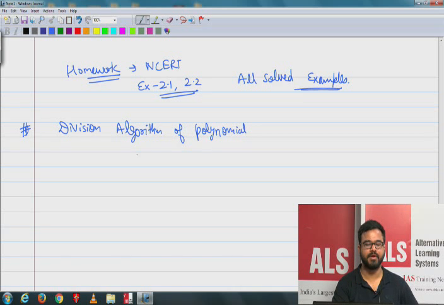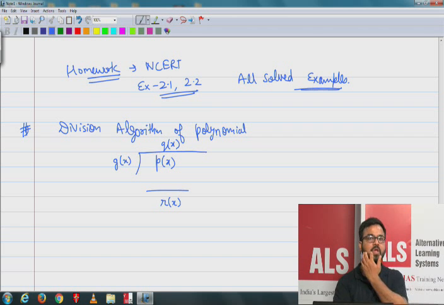Suppose whenever you are dividing any polynomial, let's say here the polynomial is p(x), here it is, let's say, g(x), here the quotient is q(x), and we are getting remainder as r(x). So the names of these polynomials are like this.